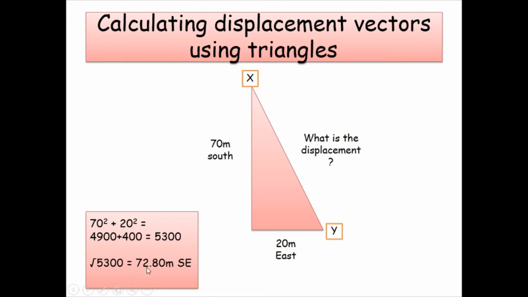Now the answer is 72.80, but then we need to give the unit for it. So we look at what unit A and B had, we put that after the number, and then the direction, we can see it's going south and then east. So we put southeast on.